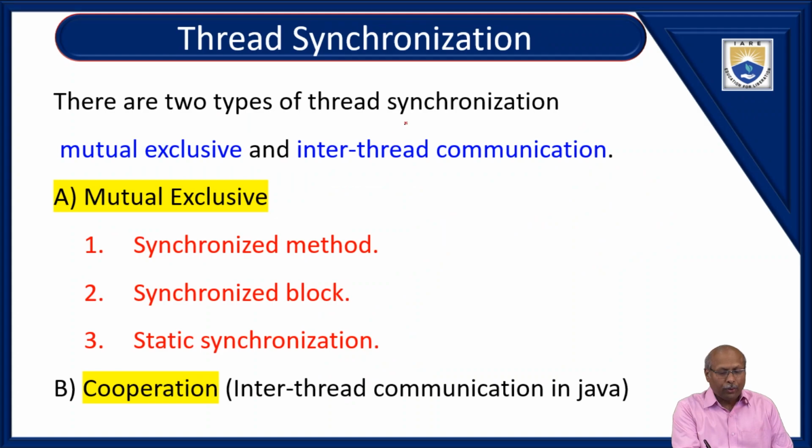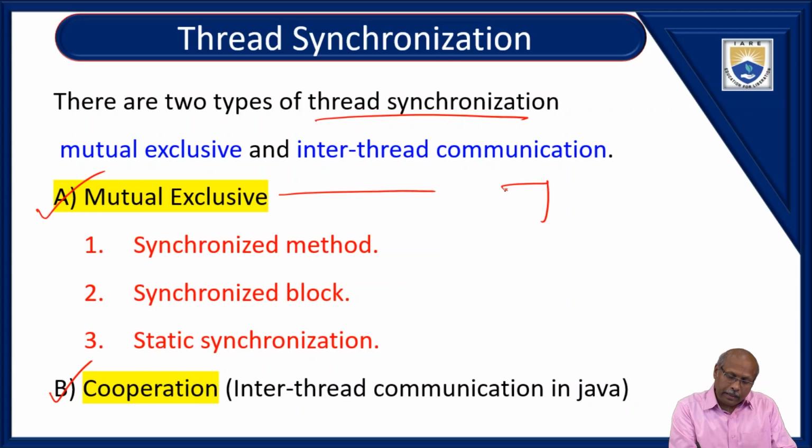There are two types of thread synchronization: one is mutually exclusive, second is cooperation. What does mutually exclusive mean? Assume there is a resource R, and thread T1 and thread T2 both want to utilize the resource. If it is mutually exclusive, the meaning is that at a time only one can use it.